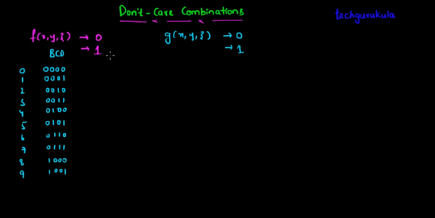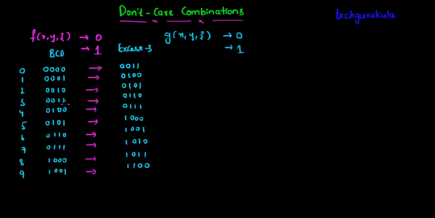Its corresponding XS3 code will be 0011, since there is an offset of 3 in the positive direction. So 0100, 0101, and for 9 in BCD, the corresponding value in XS3 is 1100. So we have all the corresponding values for the BCDs.